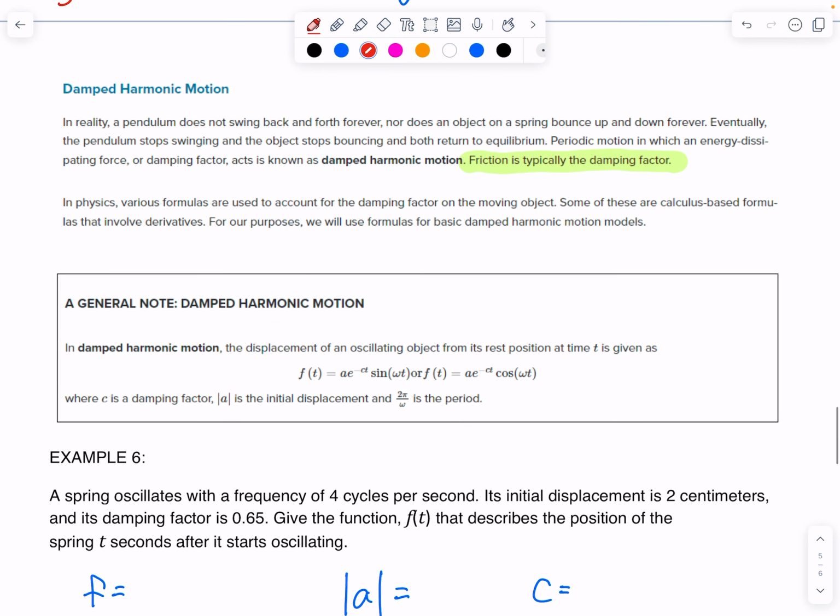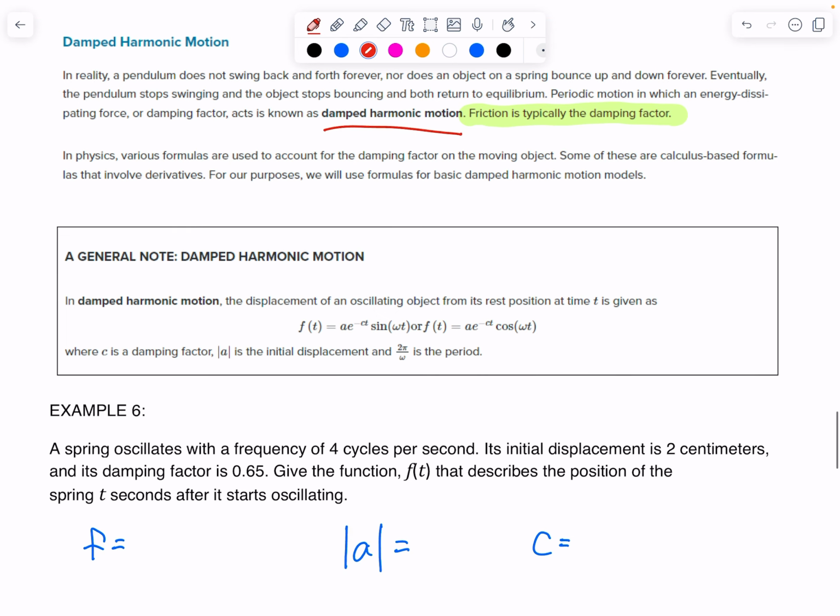So we call this damped harmonic motion. And this is more realistic, and you will do more realistic harmonic motions when you get to DiffEq, differential equations. But this damped harmonic motion is taking in some kind of factor that it is getting slowed down by friction or by gravity, anything like that.